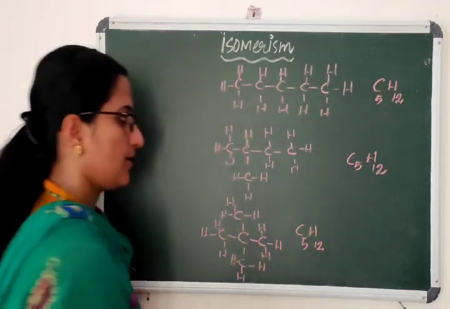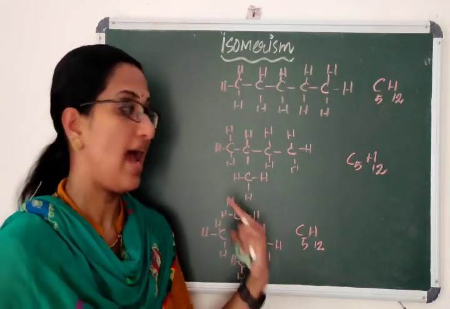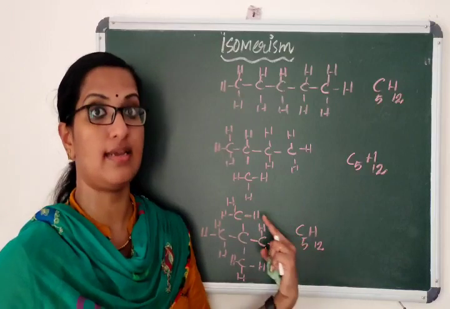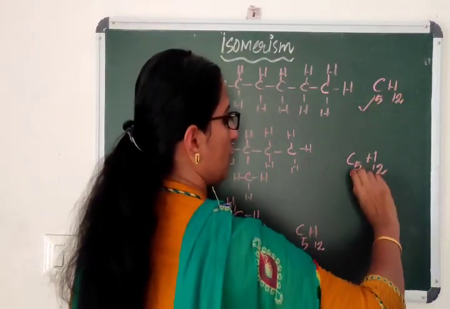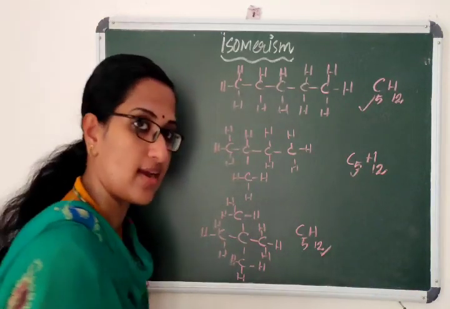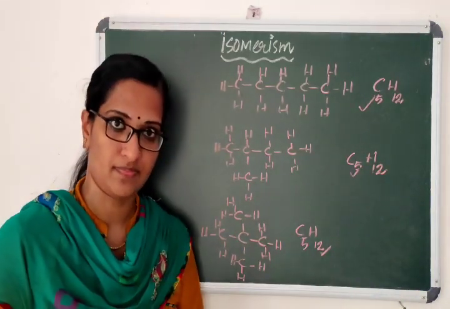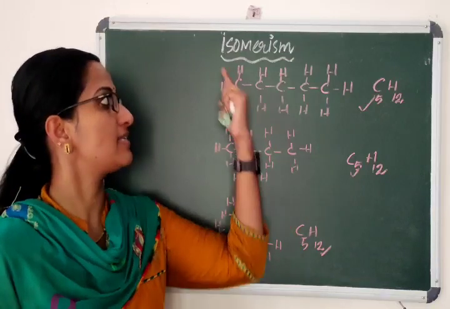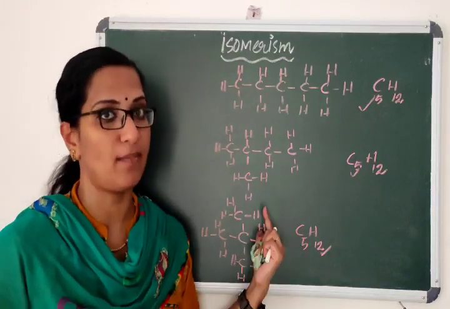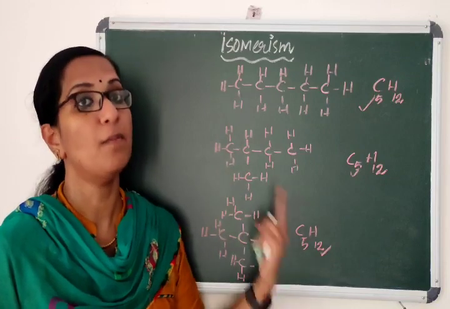So look, children, in these 3 examples I have written the pentane in different ways, but the chemical formula of each structure is the same. Compounds like that are known as isomers and that phenomenon is known as isomerism.